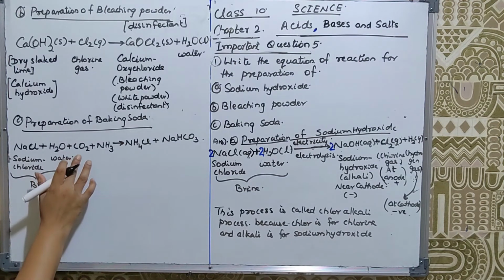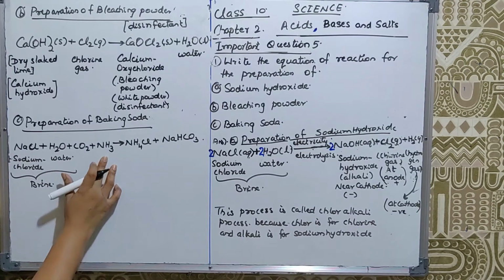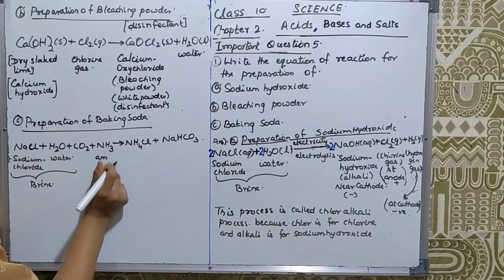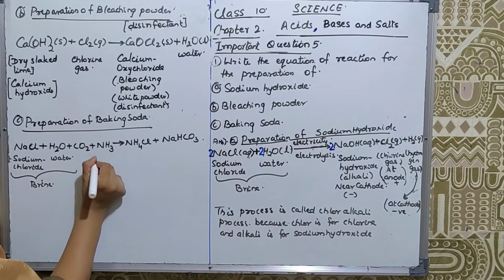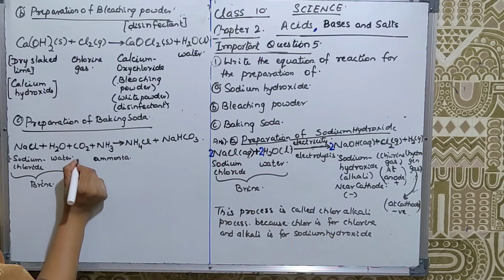So indirectly we'll say when carbon dioxide gas is passed through ammoniacal brine. You can remember it like that. Brine plus ammonia is called ammoniacal brine. NH3 is called ammonia.